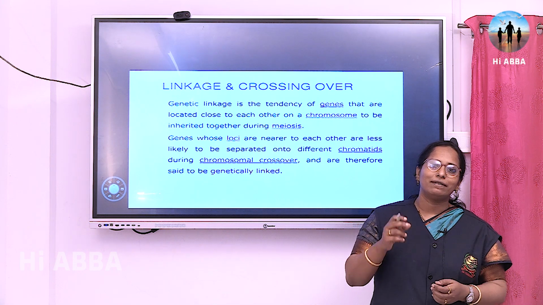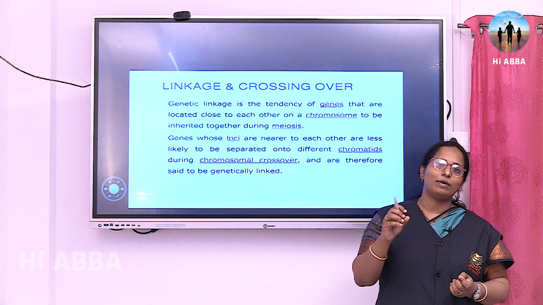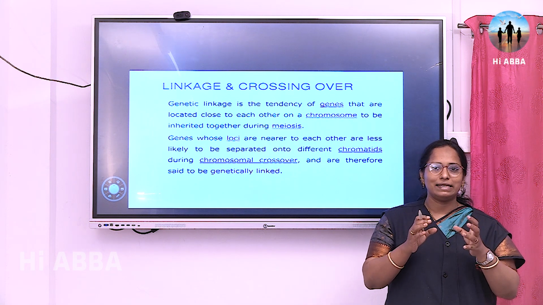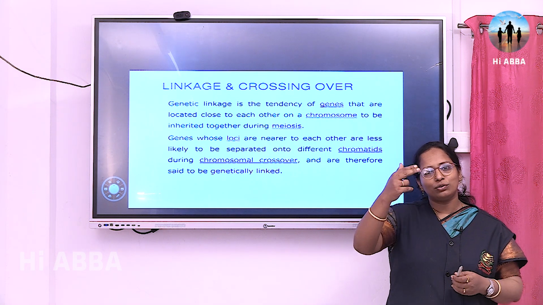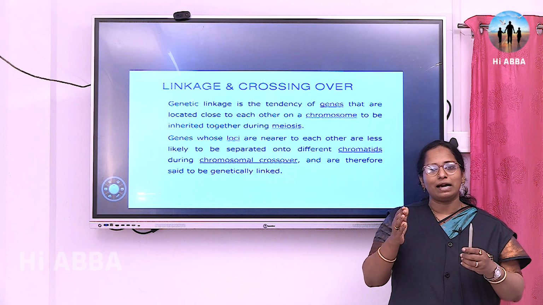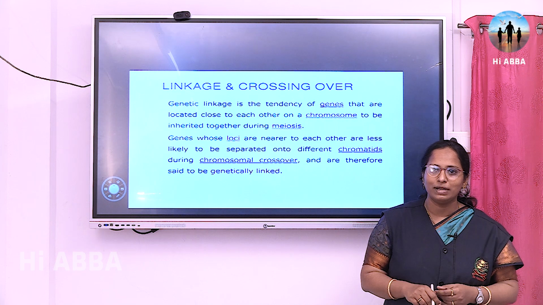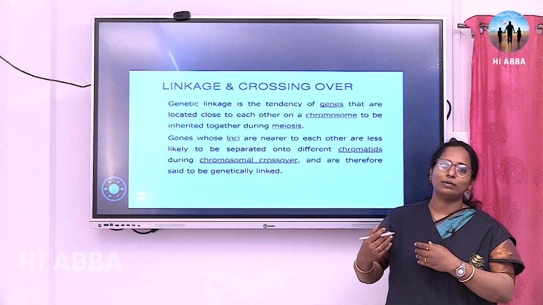Now moving on, when we talk about linkage, we are talking about linked genes. Linked genes are two or more genes arranged at particular positions in a chromosome that are inherited together.